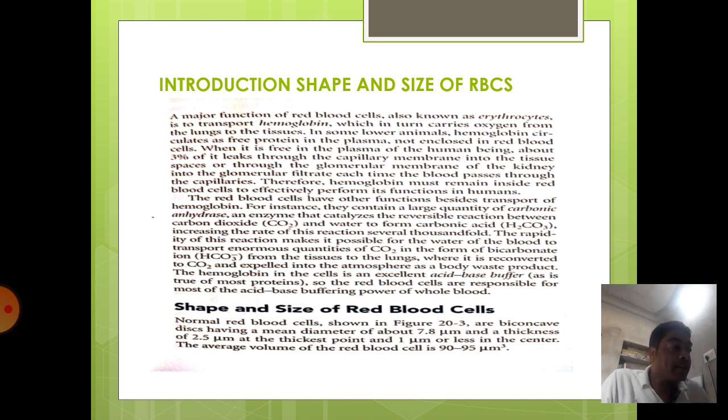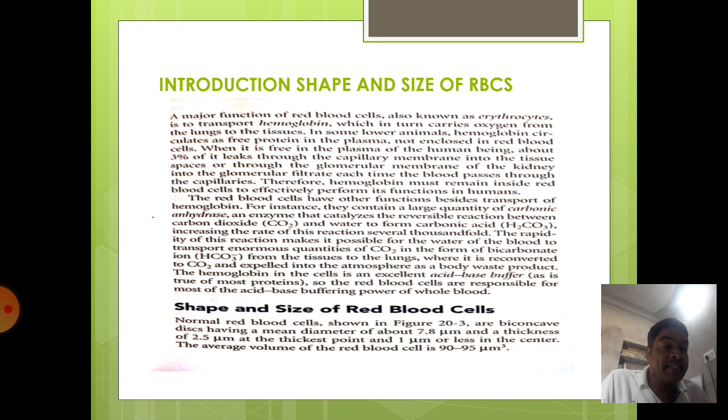Red blood cells have other functions besides the transport of hemoglobin. For instance, they contain a large quantity of carbonic anhydrase, an enzyme which catalyzes the formation of carbonic acid from carbon dioxide and water.